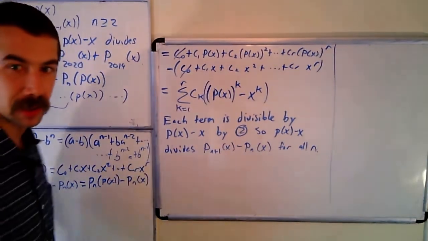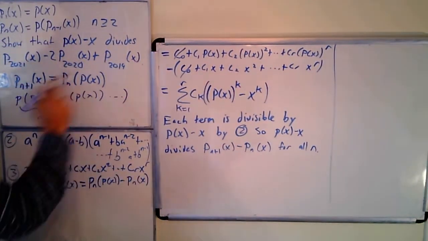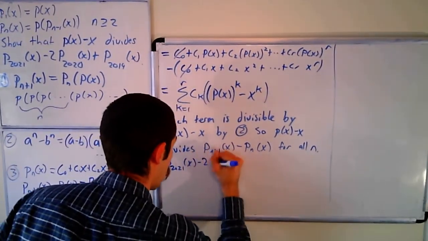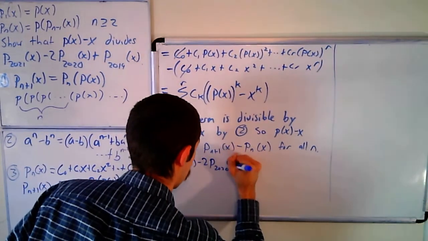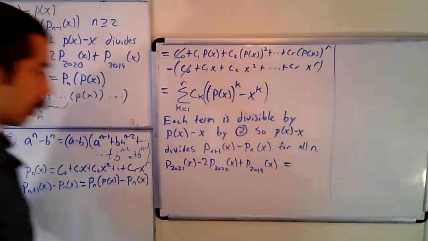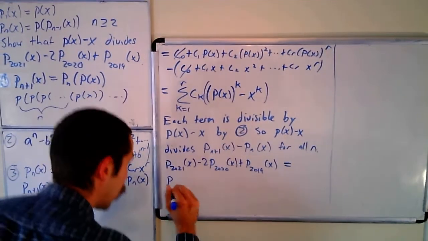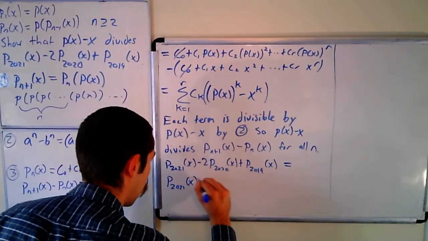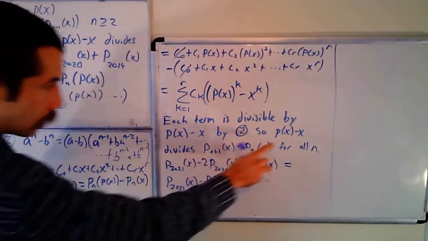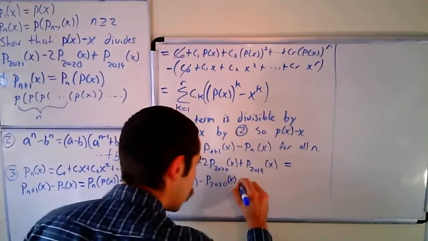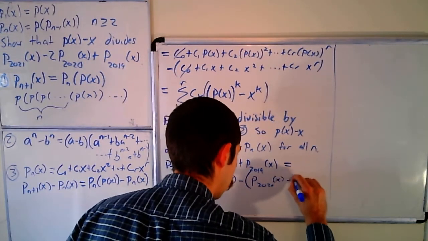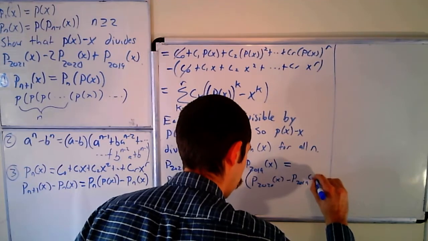Well, note that our initial polynomial, p of 2021 of x minus 2 p 2020 of x plus p 2019 of x, is equal to p of 2021 of x minus p of 2020 of x, which we know p of x minus x divides, minus the quantity p of 2020 of x minus p of 2019 of x.